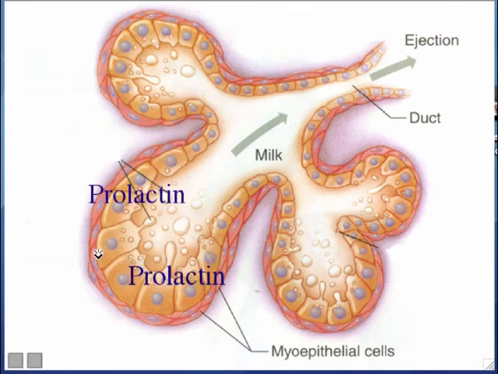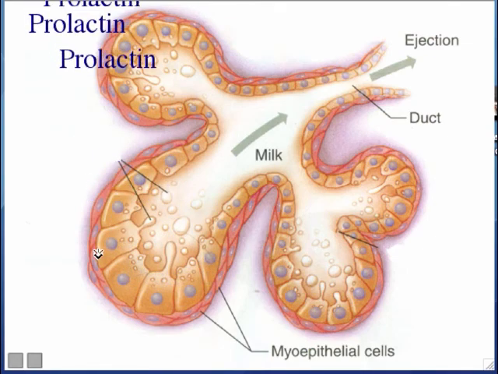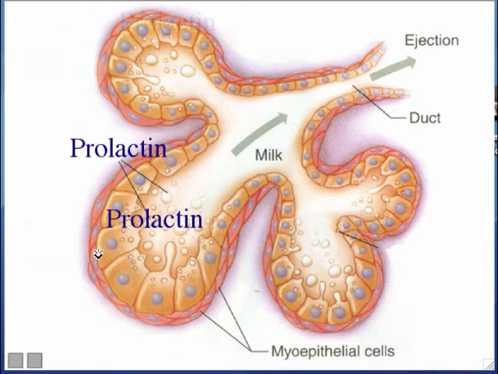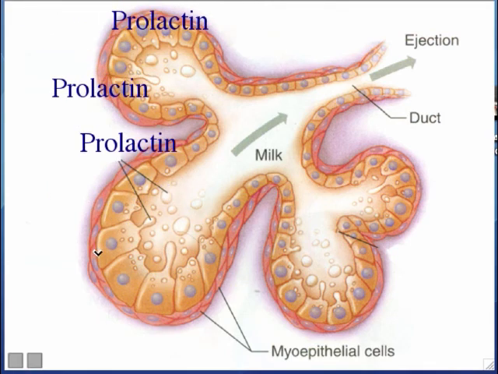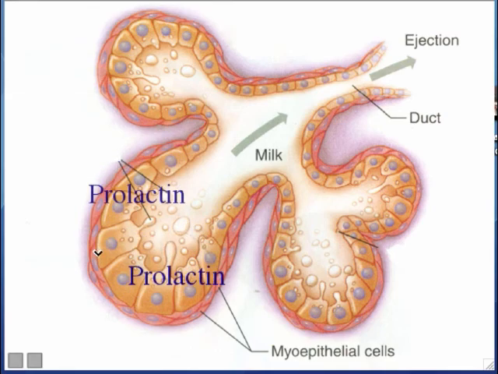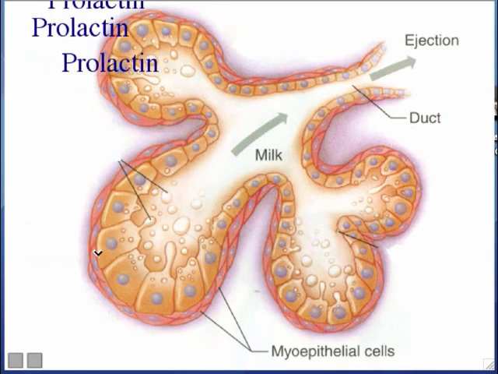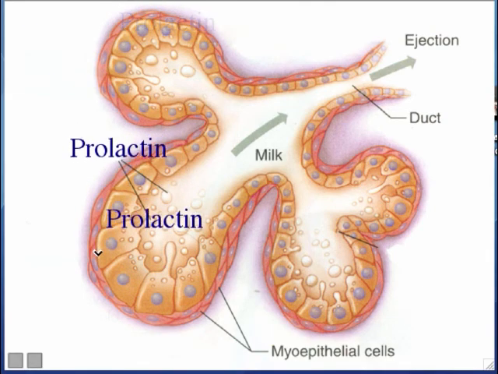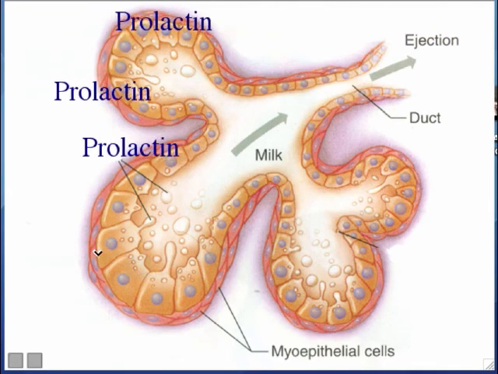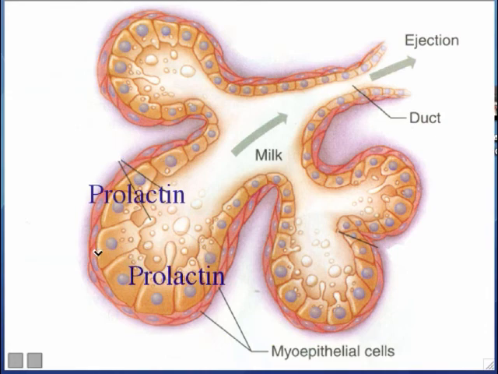And so they start manufacturing the milk. And so the milk pools up inside these hollow spaces inside these alveolar glands. But to make the milk get ejected from the breast, to make the milk flow to the nipple, that requires some contraction of this smooth muscle. Notice there's a smooth muscle layer.